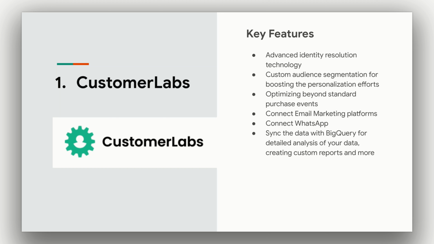Because the data you're sending is all purchase data, which has more pant purchases. So only when you share the purchase data of a shirt purchased event will you be able to optimize for the shirt ad campaign. You cannot track and send this data to ad platforms, that is, the particular category purchased event, to optimize your ad campaign for that particular category purchase using any other plugin that I have discussed here.